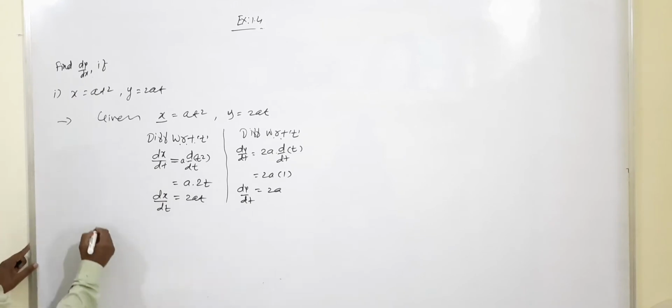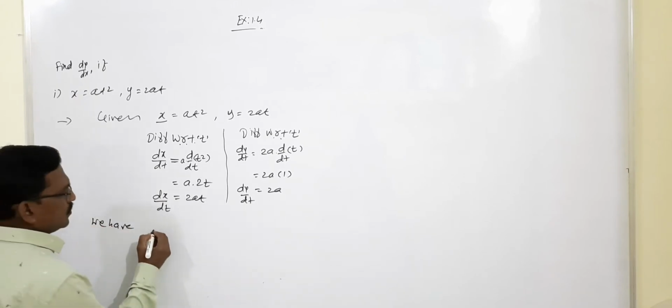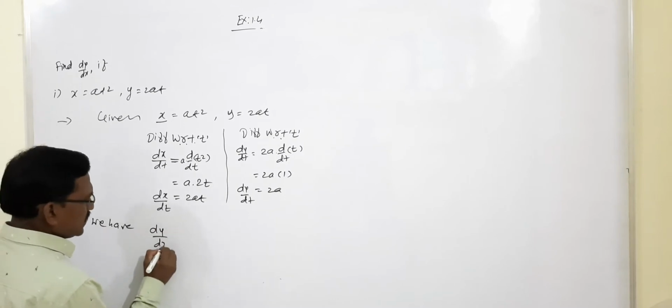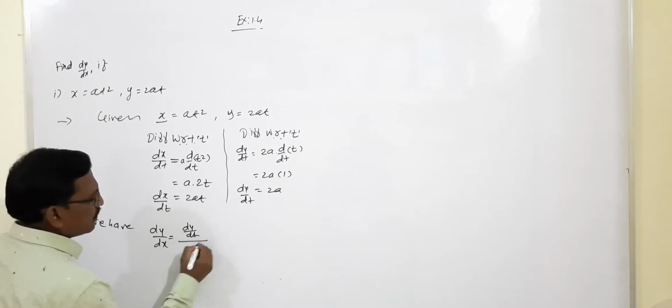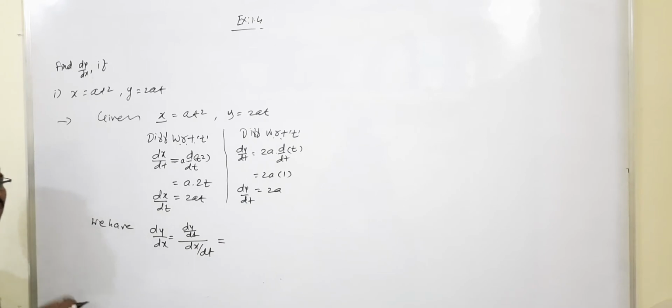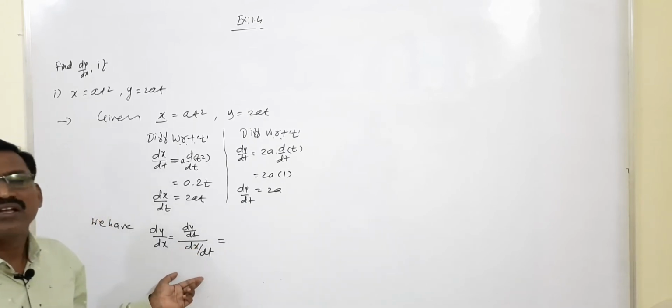Now we have dy by dx is equal to dy by dt divided by dx by dt. This is the derivative of a parametric function.